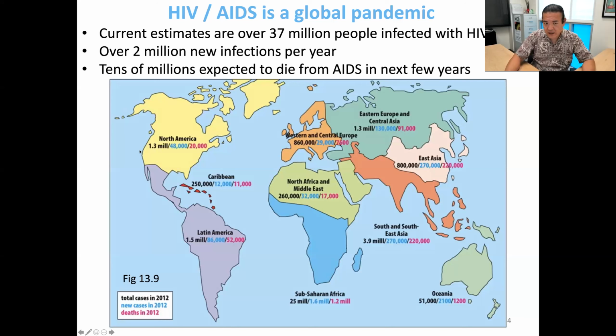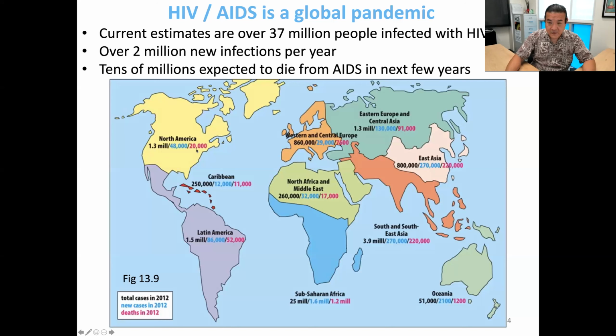In North America, for example, again, this is 2012 data, so it's already almost a decade old. At that time, you had 1.3 million total cases. They predicted about 48,000 new cases in 2012 and about 20,000 deaths from AIDS at that time.